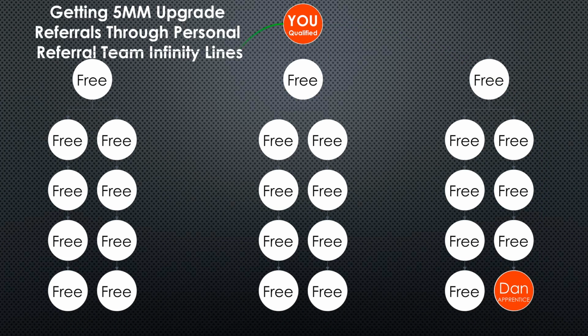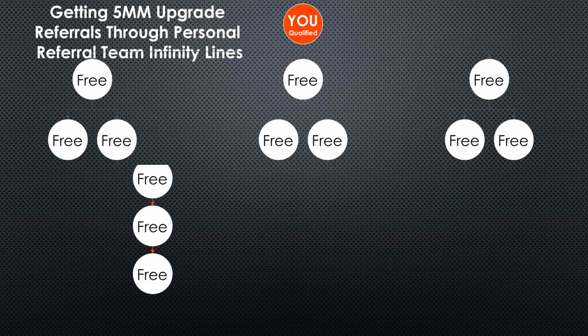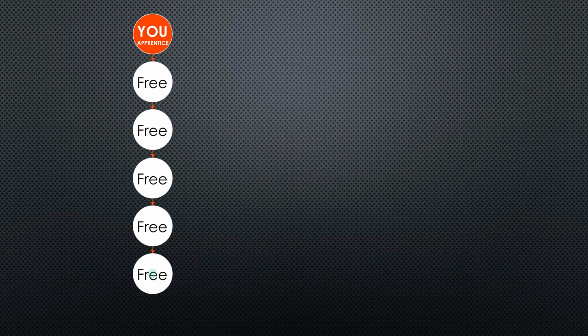You are going to earn that because it's going to dynamically compress past all of the people in that line, and you're going to get that commission even though you never talked to that person. You never saw them, you didn't even know that they were all the way down there until cha-ching, you get a notification and you see a commission with a pass up qualification next to it in your members area. Same thing over here: if they come through that infinity line, Jane's commission is going to go up to you as well.